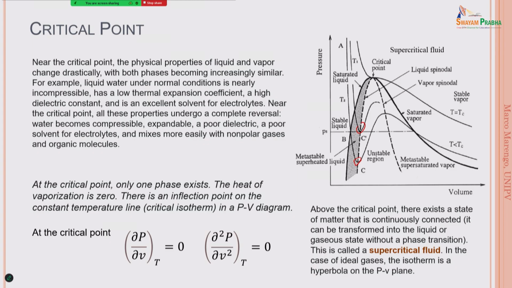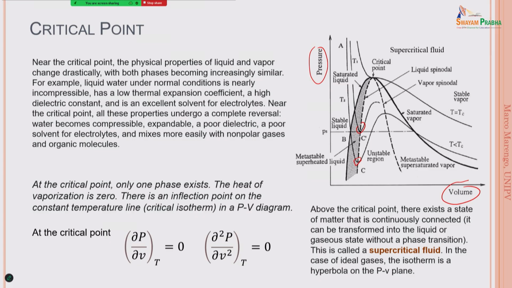And if we are plotting in a graph with pressure and volume, as you know, we have one region where we have the coexistence of liquid and vapor together. At the critical point, only one phase exists.